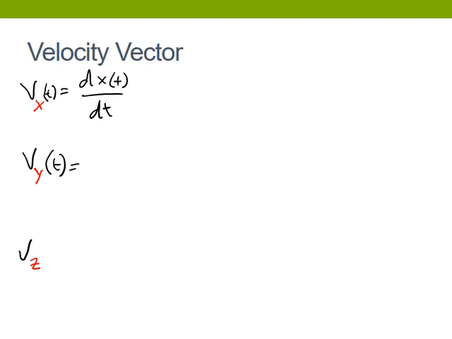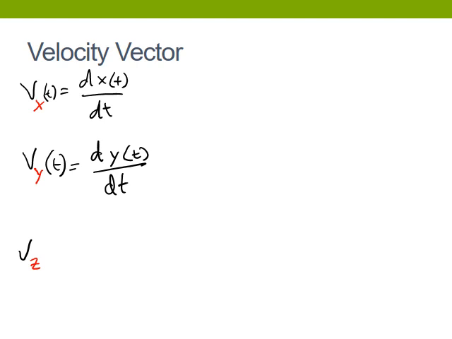So to find my velocity component in the y direction, I would just take the derivative of the y component of my position vector with respect to time.